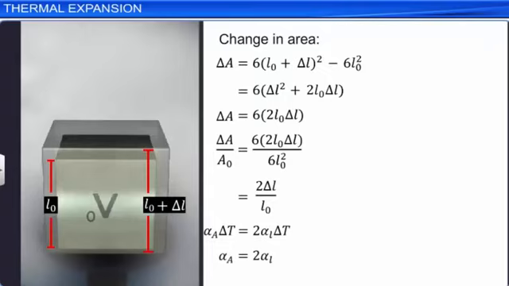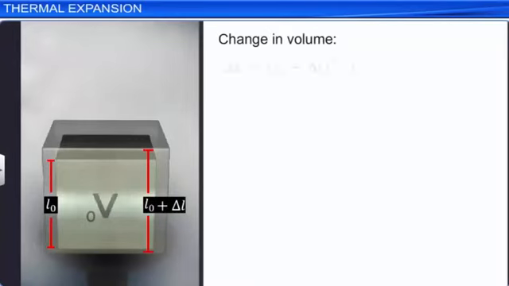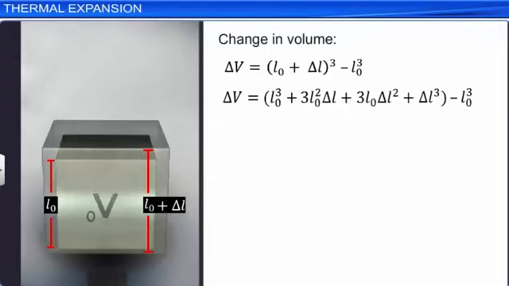Let this be equation 1. Change in volume delta V equals (L naught plus delta L) whole cube minus L naught cube. This is equal to L naught cube plus 3 L naught square delta L plus 3 L naught delta L square plus delta L cube minus L naught cube. The terms delta L square and delta L cube can be ignored as their values are negligible.